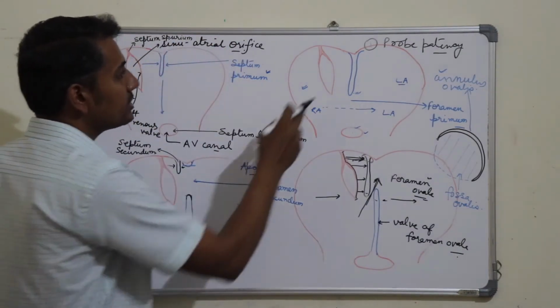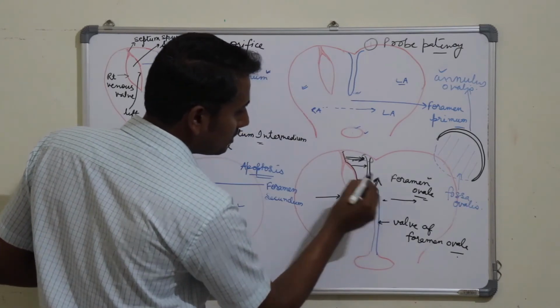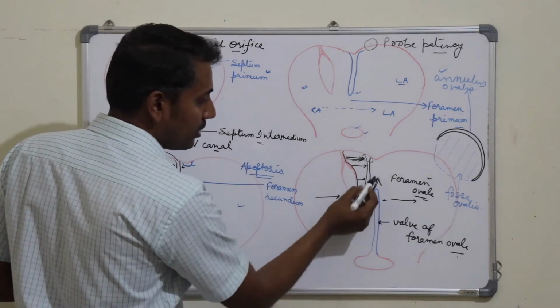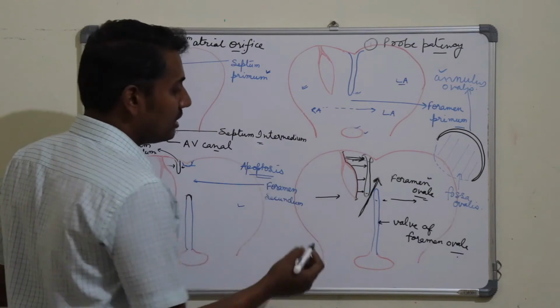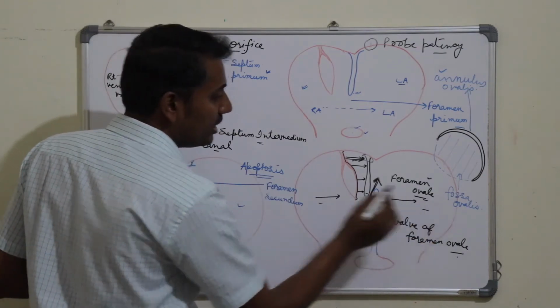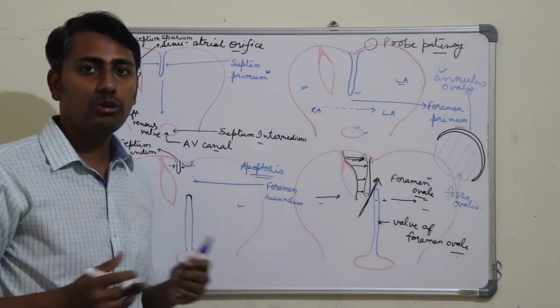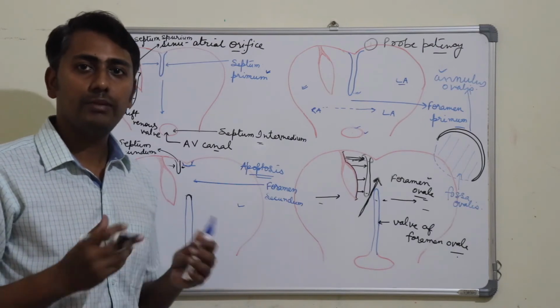In this, a simple probe can be passed through this foramen ovale, but this probe patent foramen ovale will not cause any functional intracardiac shunting of blood from the right atrium towards the left atrium. Therefore, the patient will not be clinically symptomatic. This occurs in approximately 25% of people.